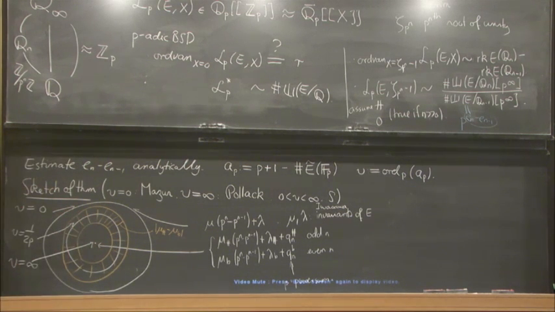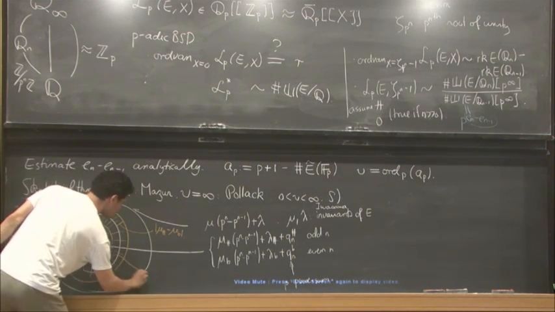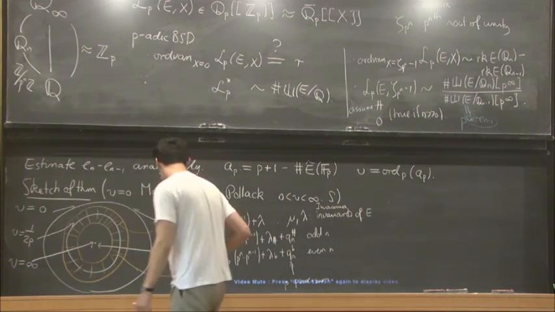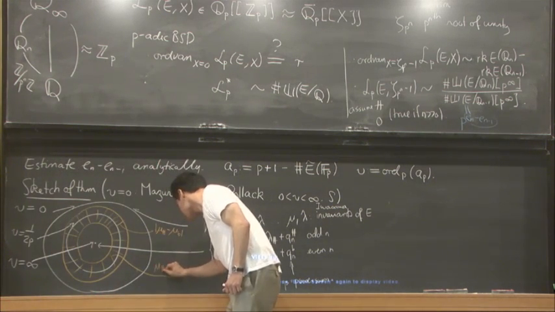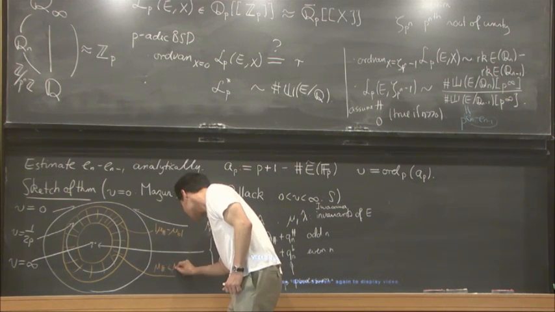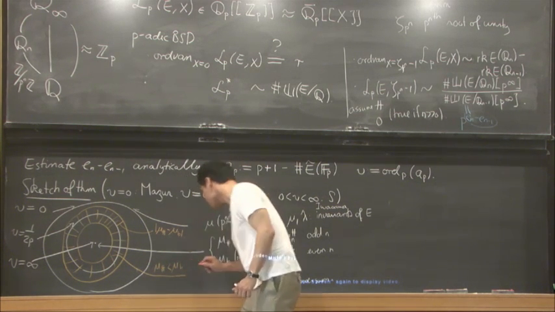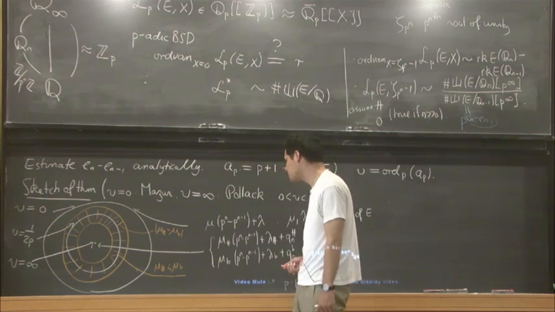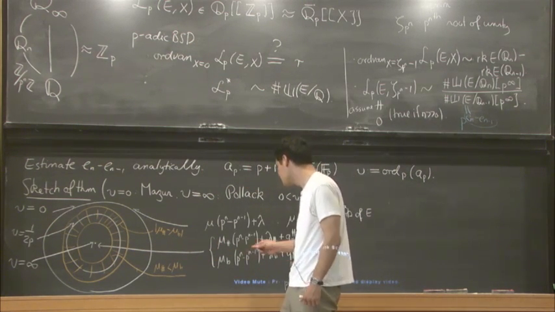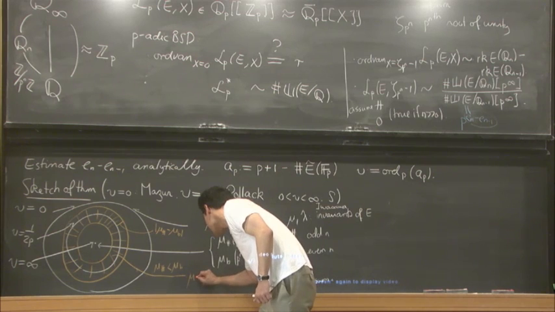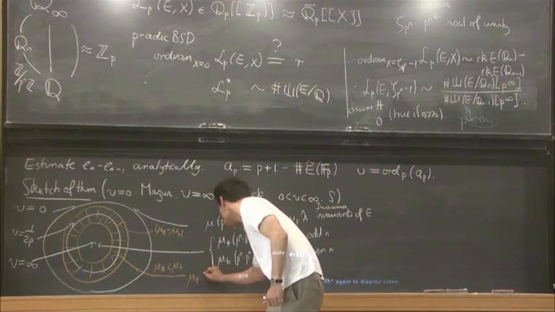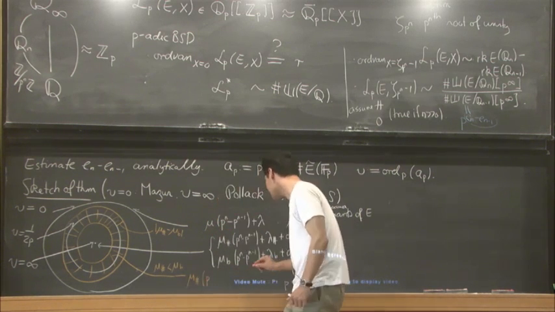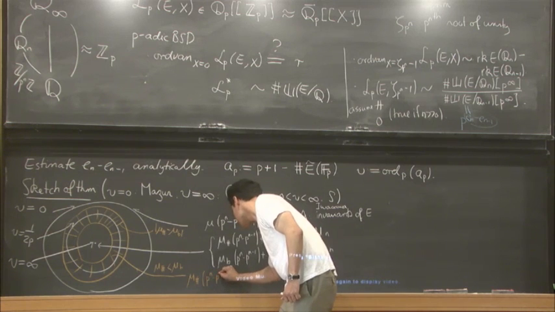When v is inside here, then, let's, without loss of generality, assume that mu sharp is less than mu flat. Then inside here, for some reason, the formula only involves one pair of Iwasawa invariants, mu sharp and lambda sharp.